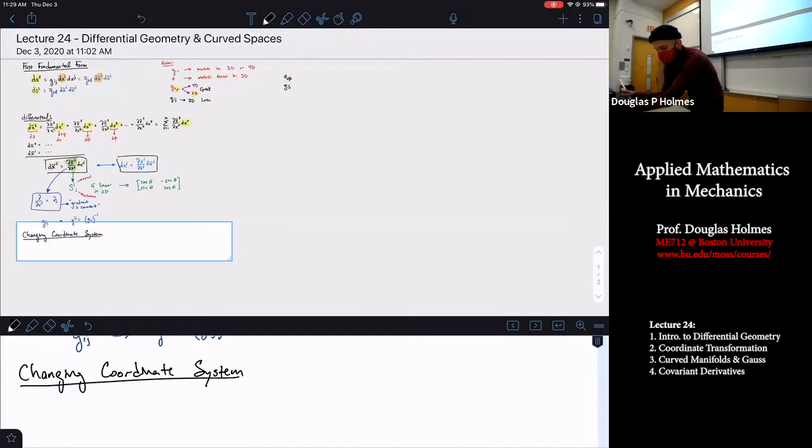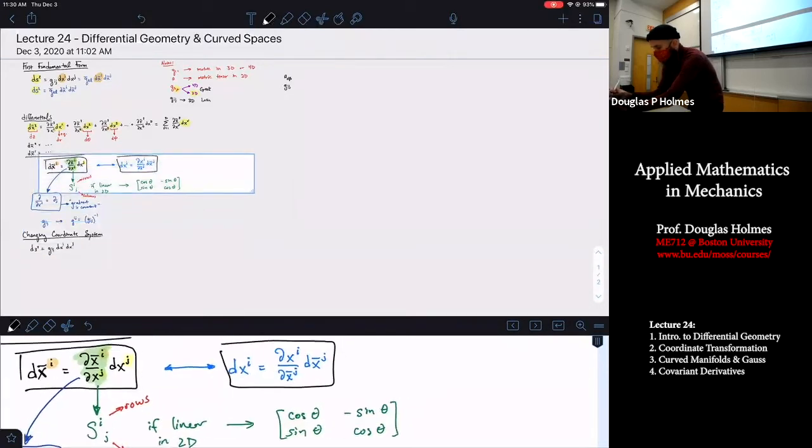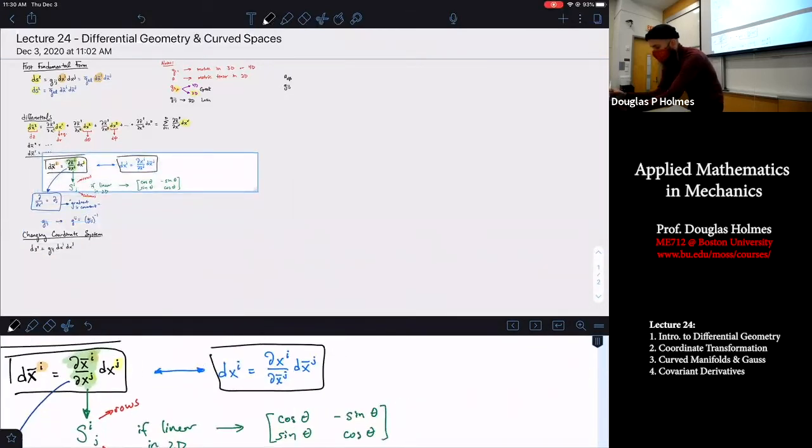All we need to do is say, well, my line element, ds squared, is equal to gij times dxi dxj. But I know that dxi is equal to this thing here.